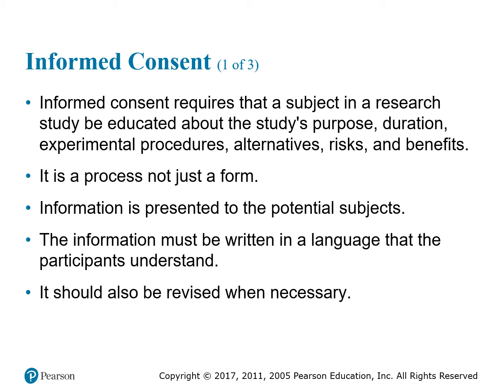This means that when our participant sits down, we have to tell them all of the information about what we're doing, why we're doing it, what we're looking for, all of those kinds of things. Unless knowing what we're looking for is going to somehow skew our data, then we don't tell them that necessarily.